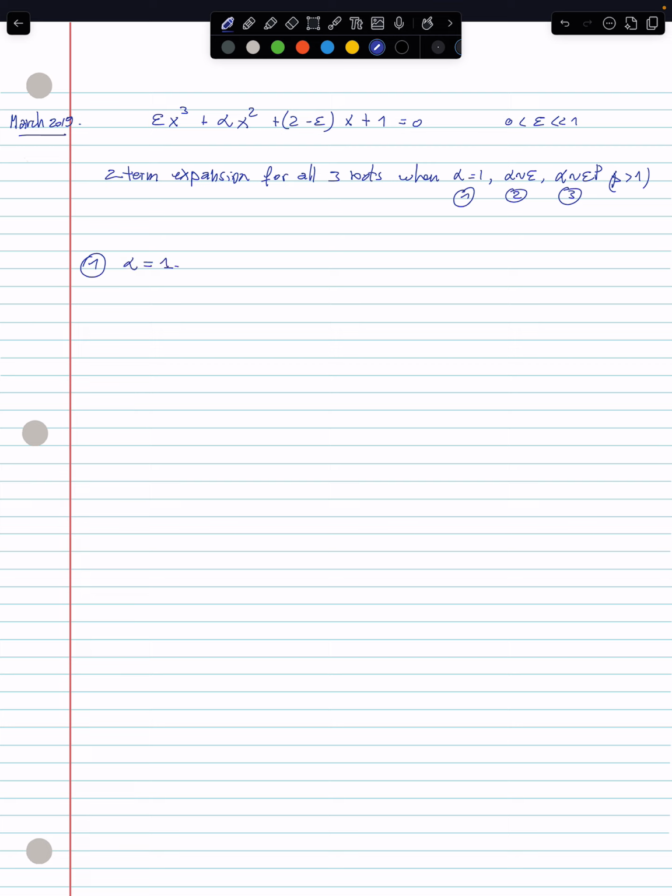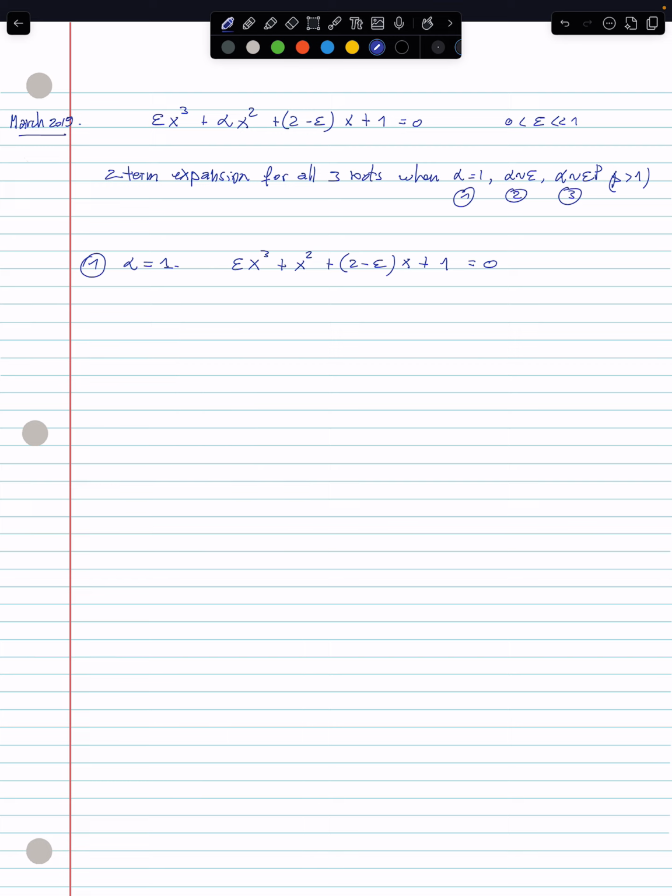Alpha equal to 1 means that the governing equation becomes something like this. We can just simplify it. This is equal to 0. And we need to find then two-term expansions for the three roots of that equation.